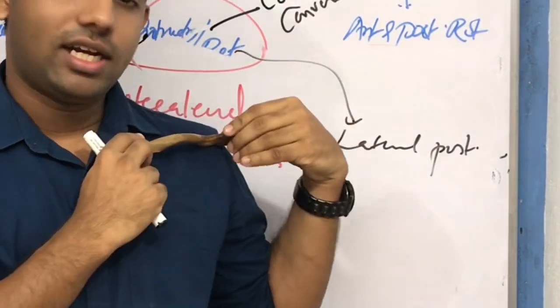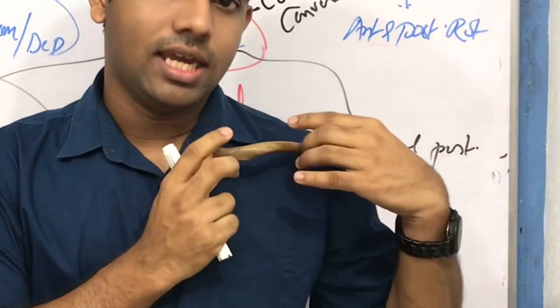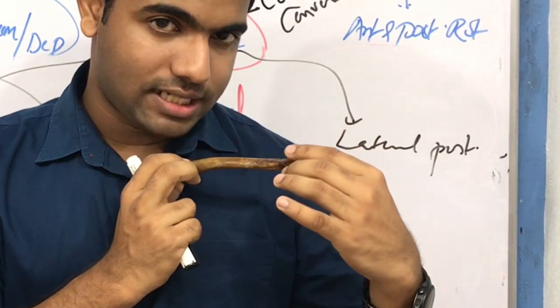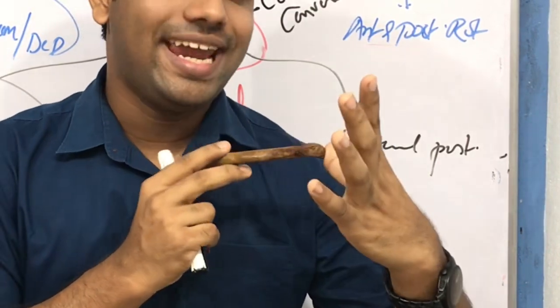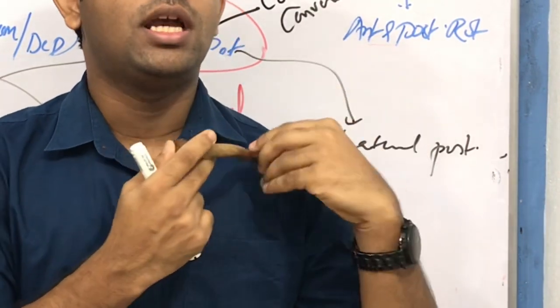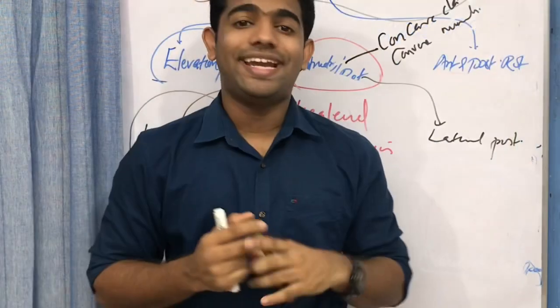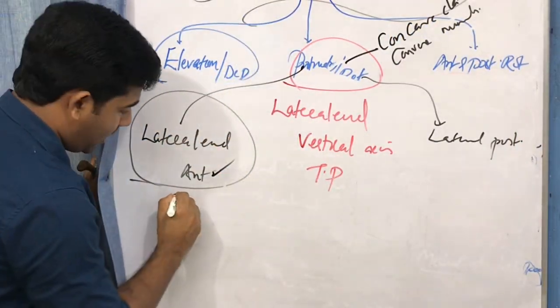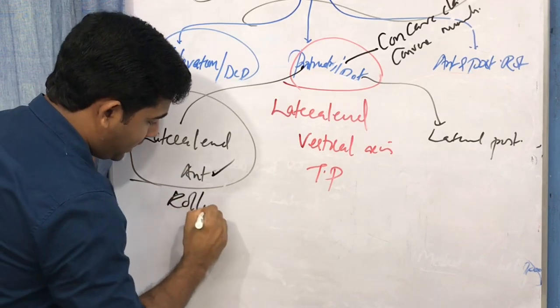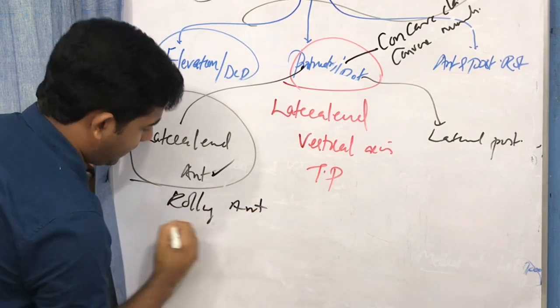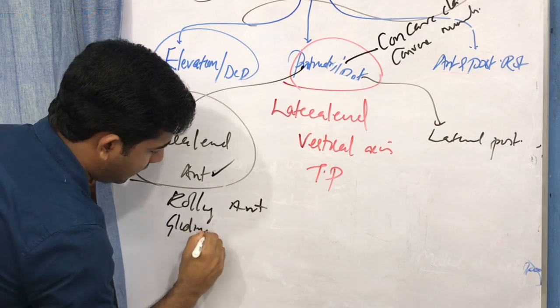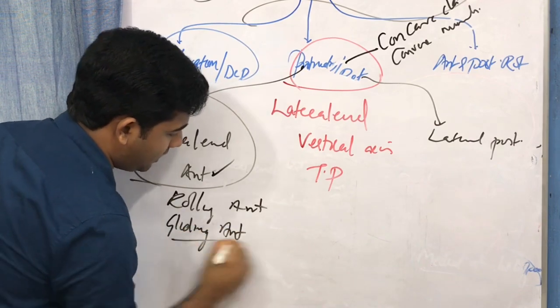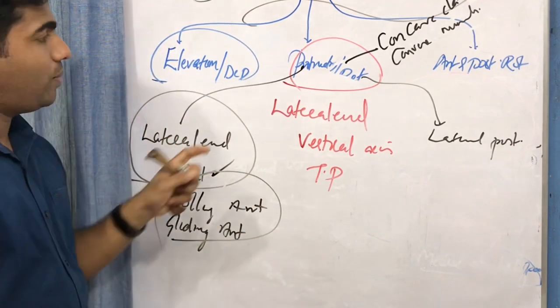So the lateral end of the clavicle moves anteriorly, the rolling happens anteriorly, and the glide is not in the posterior direction but also anterior. Rolling occurs anteriorly and gliding also occurs anteriorly. So this is same direction movement in protraction.